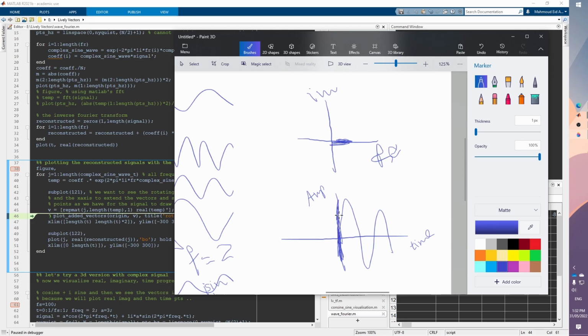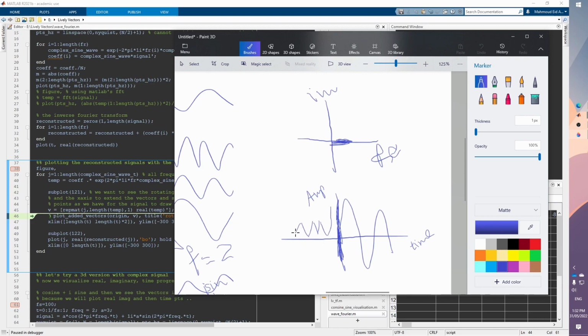We're not leaving the y-axis. So what I did next, I extended the representation of these vectors into a number of points that equals the length of the signal. What I mean by that is, I took these rotating vectors on the y-axis, and I extended them into 100 points.